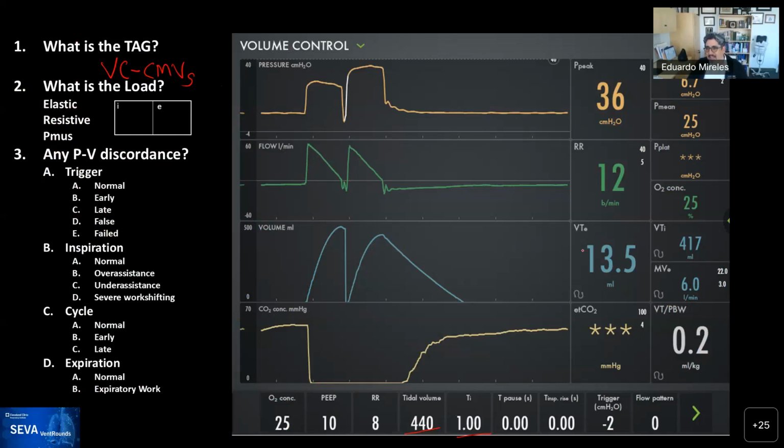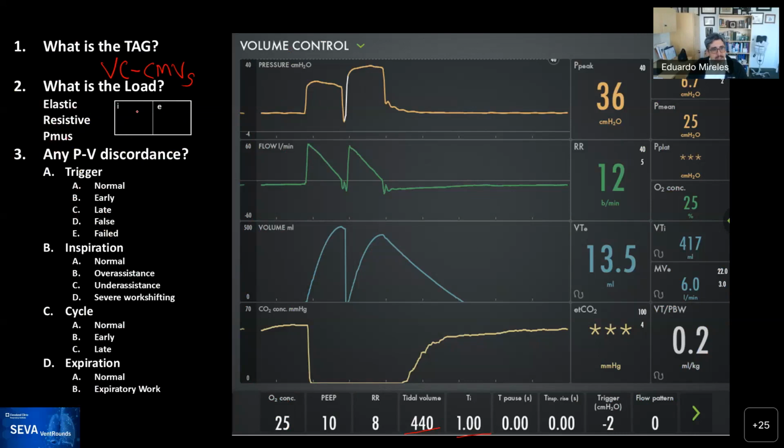So I'm going to ask you, as you go through this, and you can put it in the chat: what is the load during inspiration and what is the load during expiration? You have two breaths here, but you're happy to type at will. So what's the resistance or elastance or PMUS?